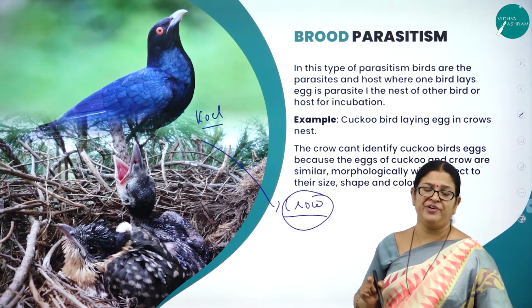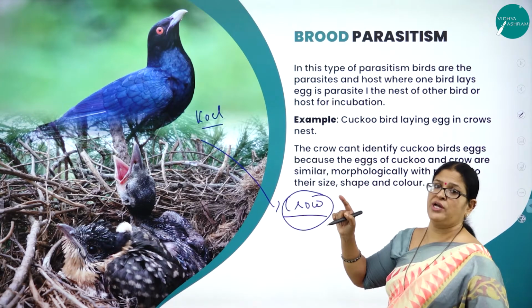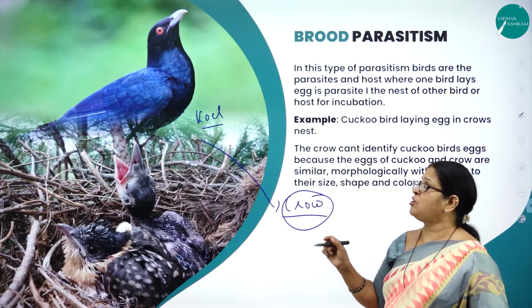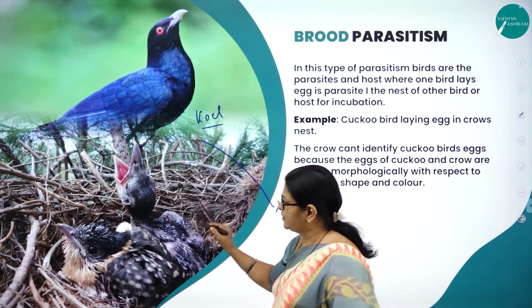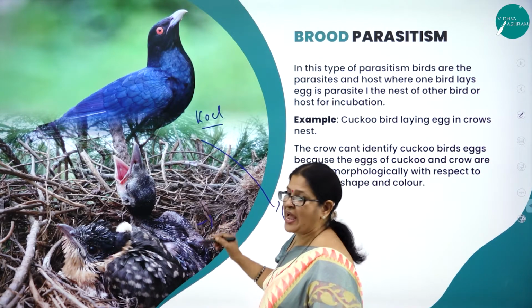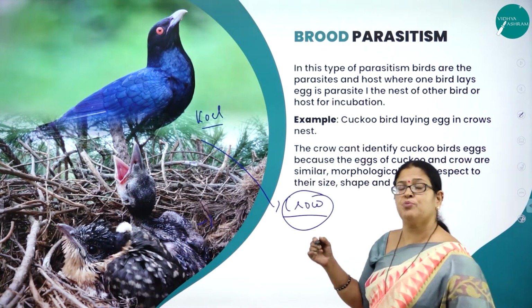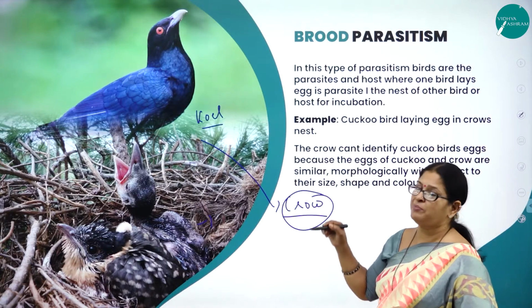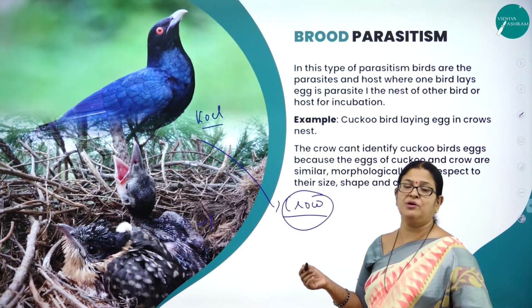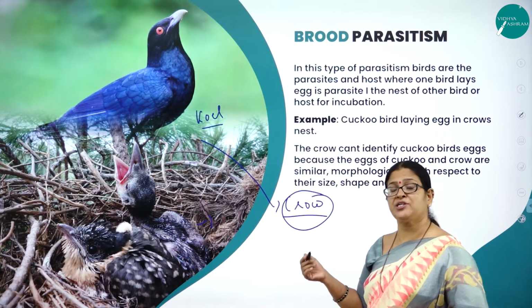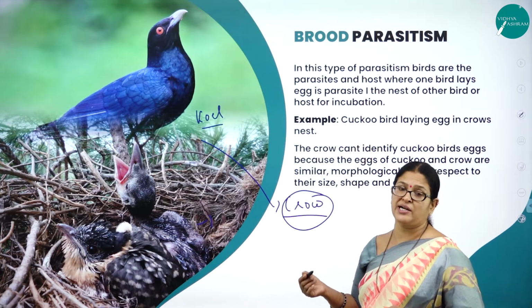So this type of interaction between the coil and the crow is called brood parasitism. Here you can see the bird has laid the eggs and they have been hatched. Because the coil bird's egg and the crow's egg resemble each other, the crow will mistake it to be its own eggs and will start hatching it.